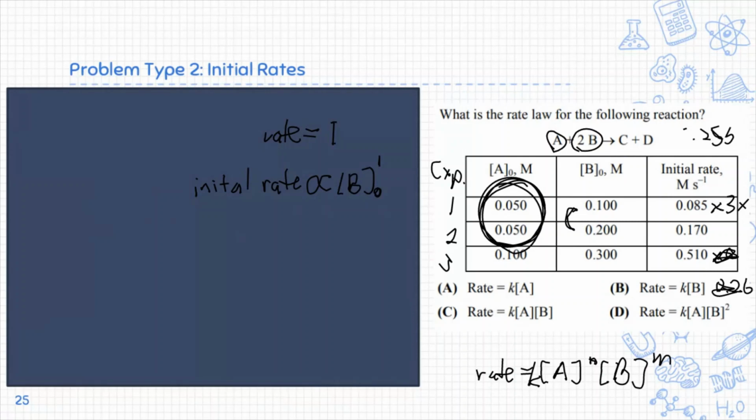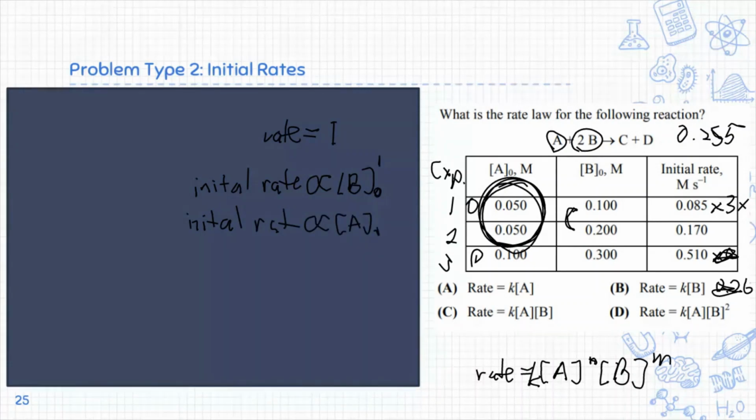So from here, we know that this and this difference is basically half. And we know that this and this difference is basically half. So we can already justify that it is first order in A, because the initial rate is proportional to the initial concentration of A.